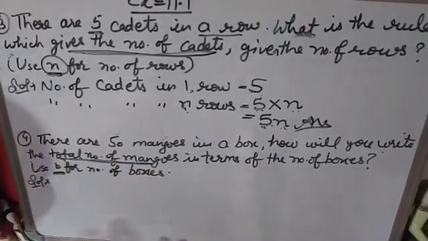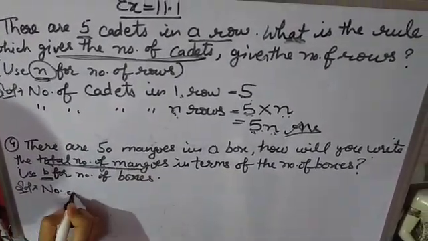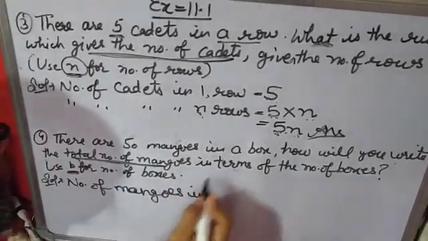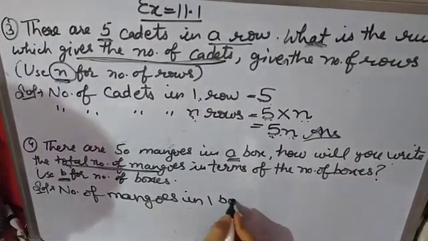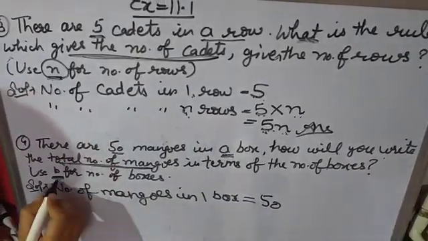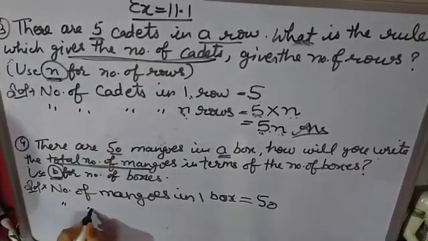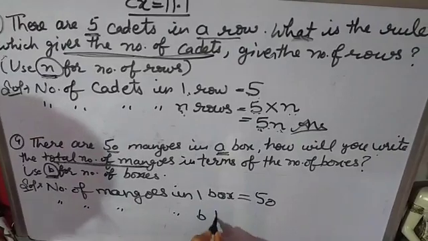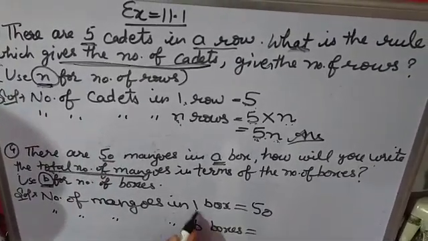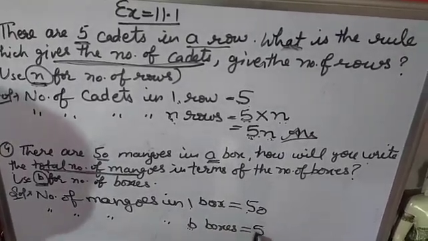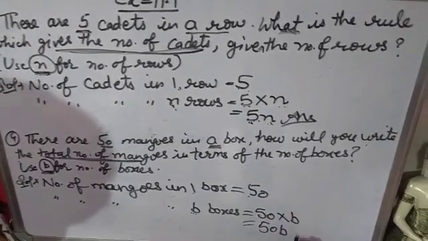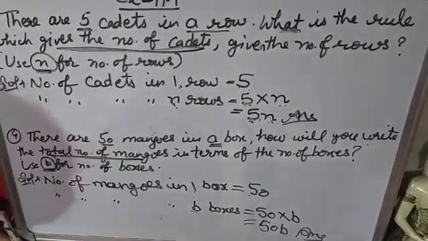You will write number of mangoes in one box: 50. Now you have to find the number of mangoes in B boxes. Again it will be greater than this one, so we multiply 50 multiply B. It will be 50B mangoes in B boxes.